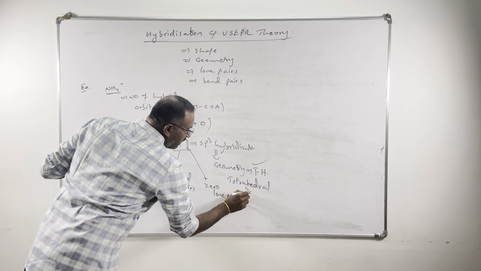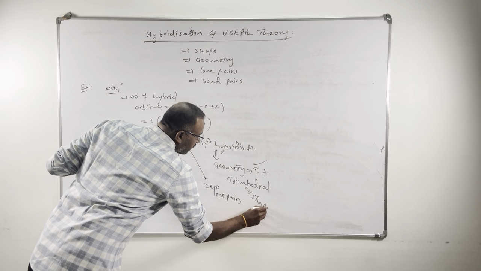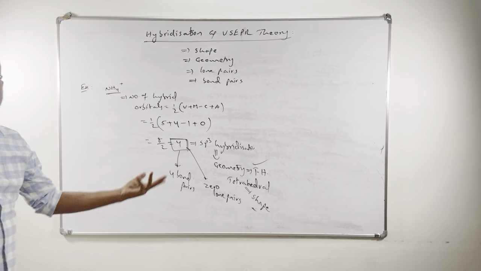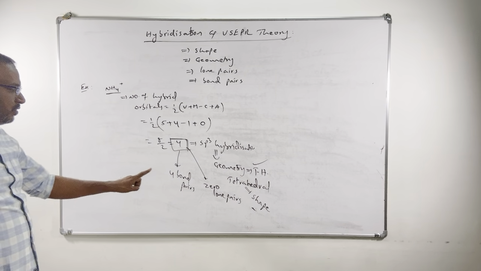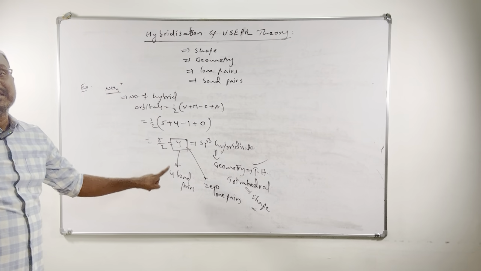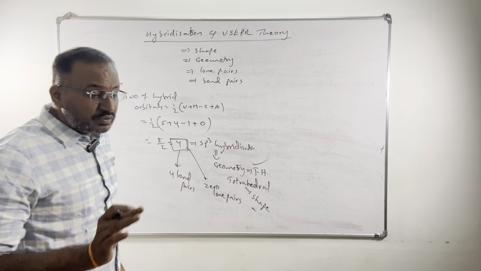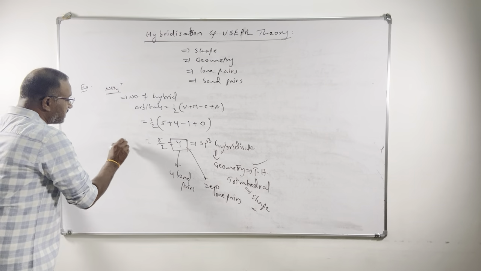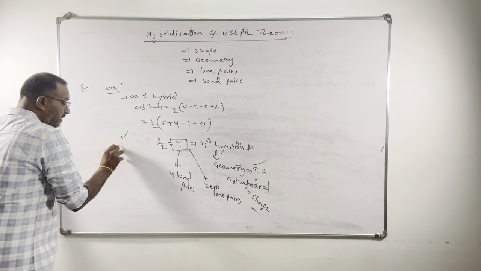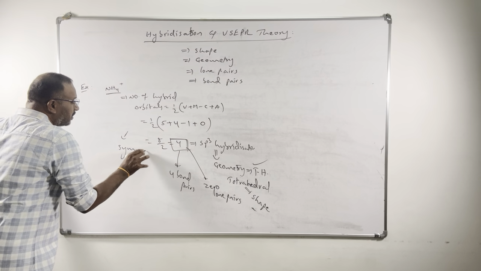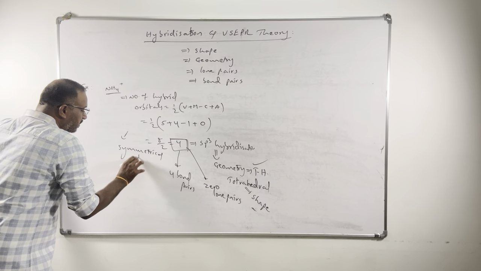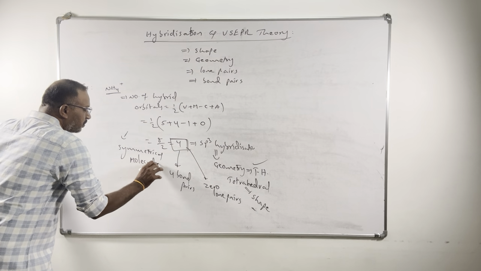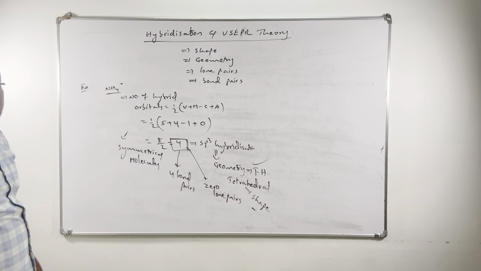The tetrahedral shape will be there for this molecule, because the central atom does not have lone pairs, it only has bond pairs. So if the central atom has only bond pairs, we can say that molecule is a symmetrical molecule. Please remember, if it has only bond pairs around it, no lone pairs, it is a symmetrical molecule.